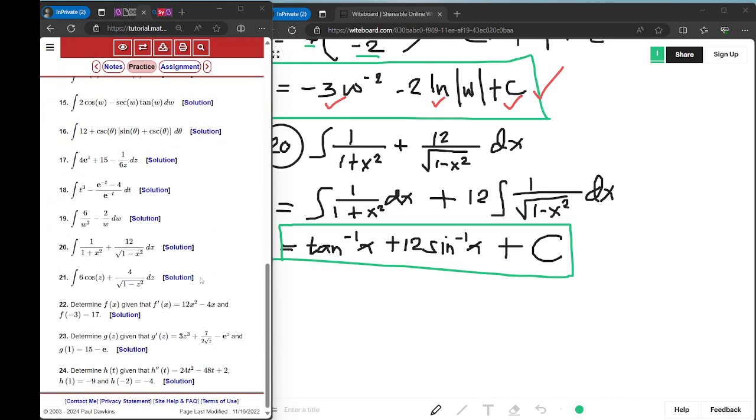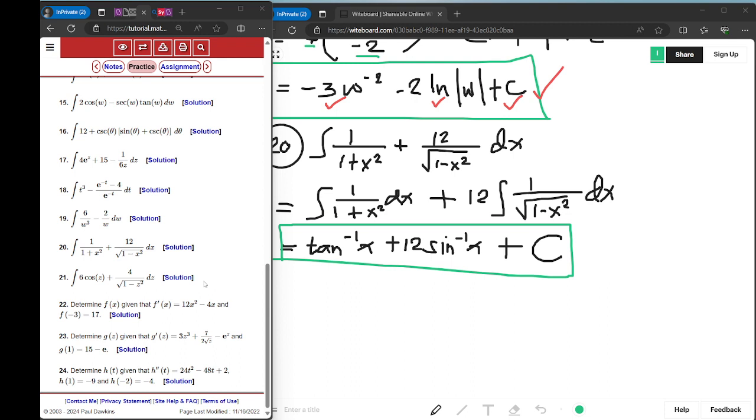Okay. Let's try problem number 22. What's with this? There is now a condition. Determine f of x given that f prime, or the derivative of x, is equal to 12x squared minus 4x and f of negative 3 is equal to 17.